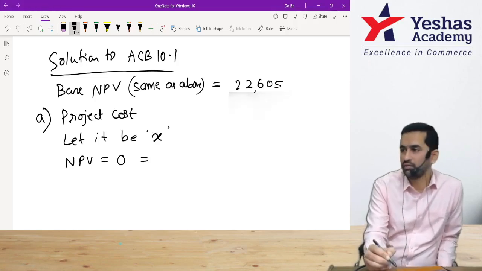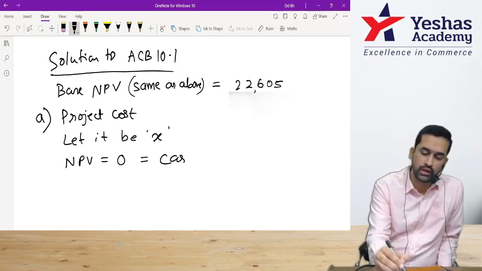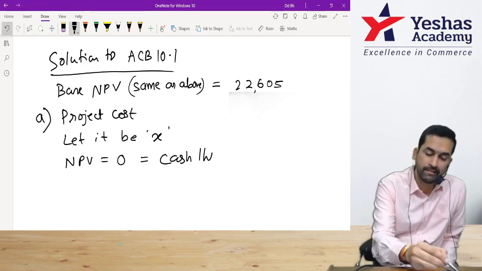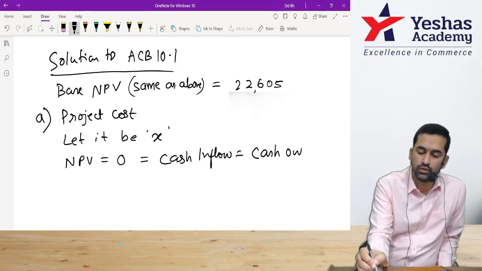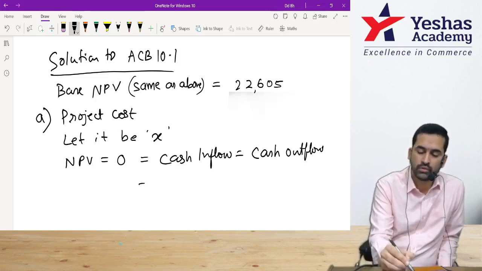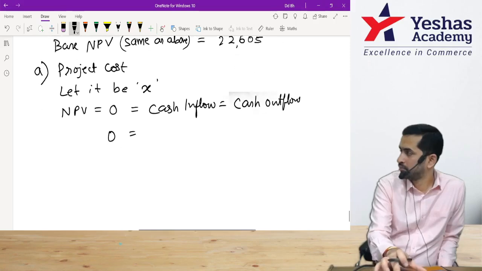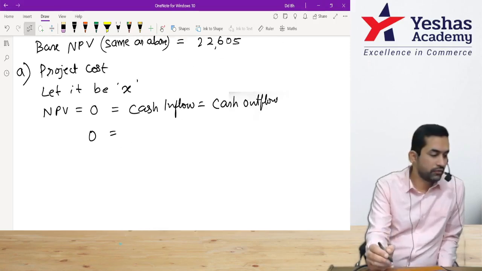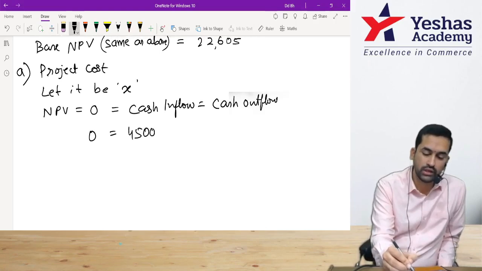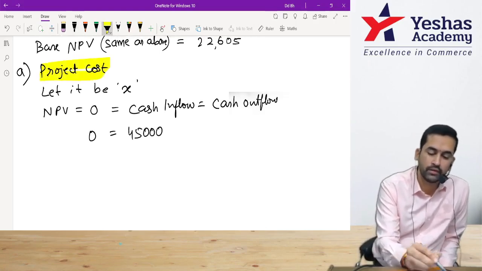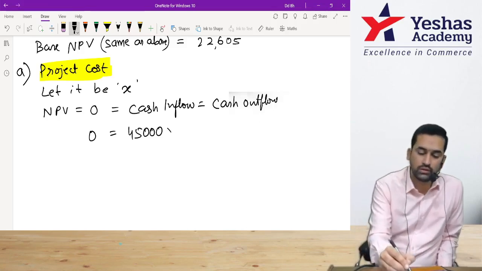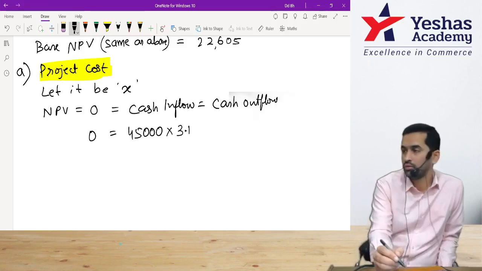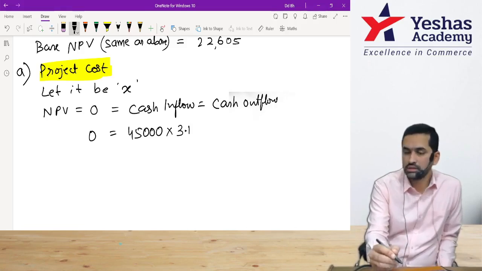For NPV to be equal to 0, your cash inflow should be equal to cash outflow. Cash inflow equal to cash outflow. Inflow, there is no change. As of now, I'm only working out for project cost. 45,000 into 3.169.